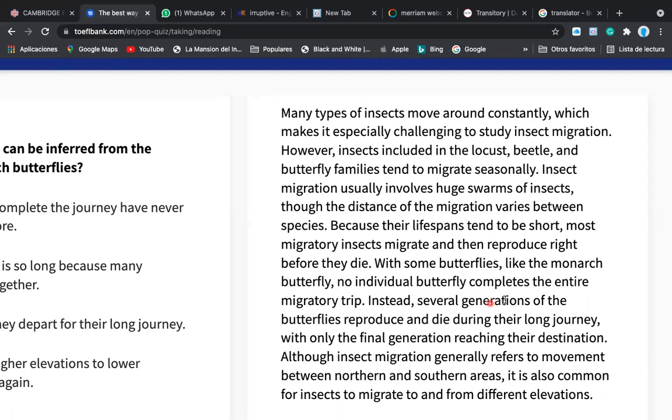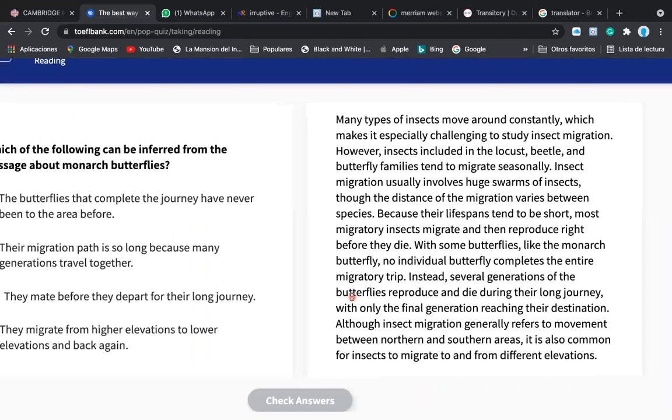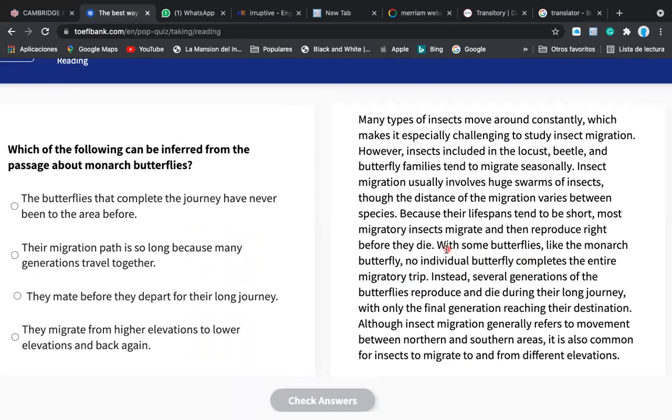Instead, several generations of butterflies reproduce and die during the long journey, with only the final generation reaching their destination. Although insect migration generally refers to movement between northern and southern areas, it is also common for insects to migrate to and from different elevations. So everything from here till here refers to the monarch butterfly.